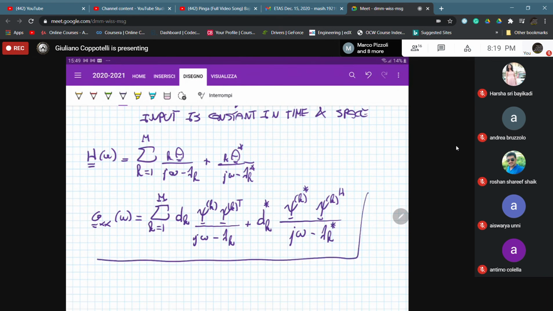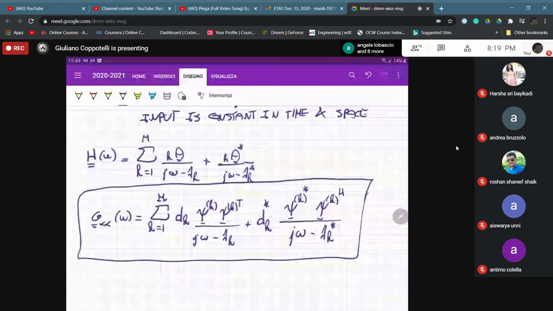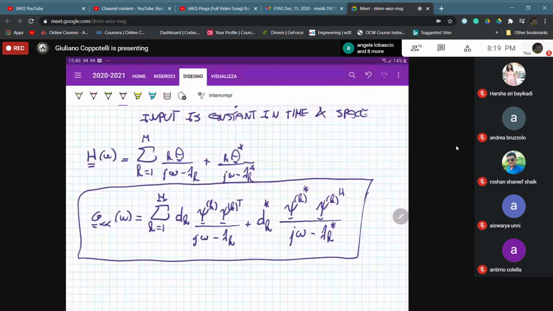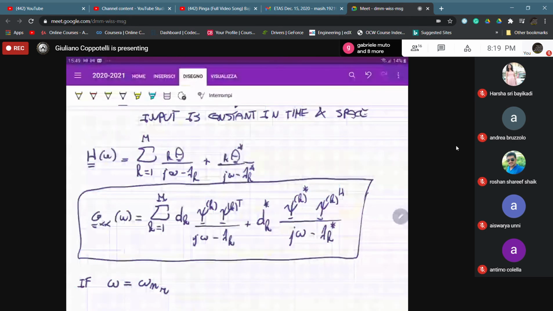After some algebra that I'm skipping, now consider omega equal to the natural frequency omega_nr. What happens to that equation?